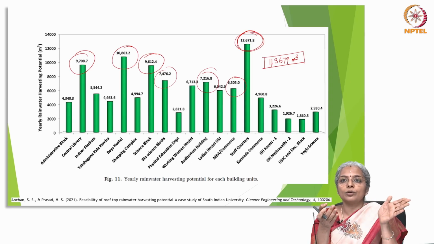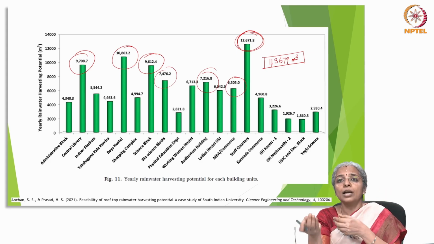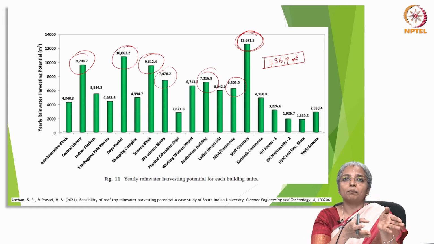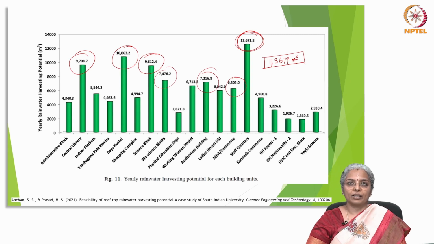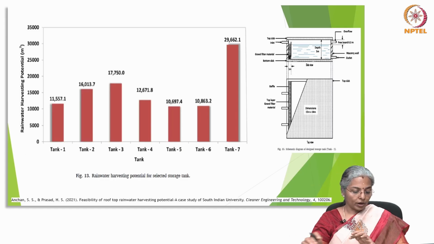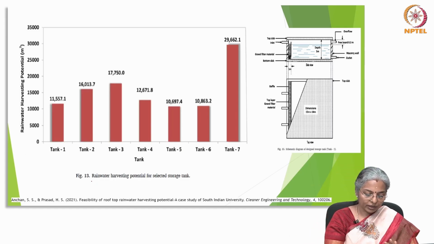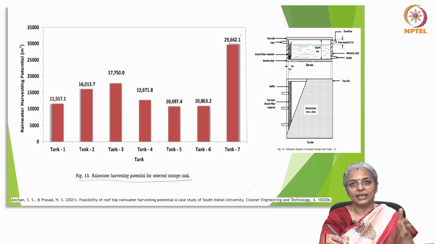During the non-monsoon months, they collected water, and this water collected during the monsoon season could be pitched in along with a little water from the Netravati river, which is the primary source of water. So, the rainwater harvesting potential for selected storage tanks showed that they could collect water from different points, and these were stored in different tanks.